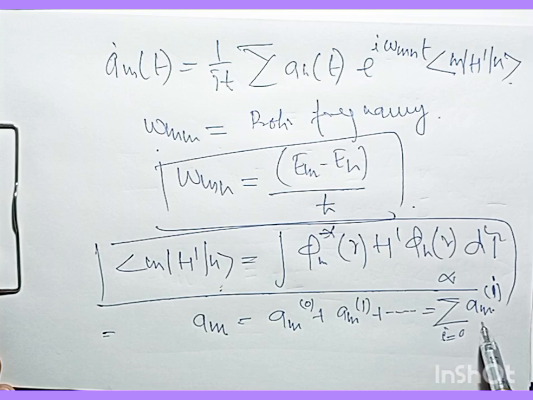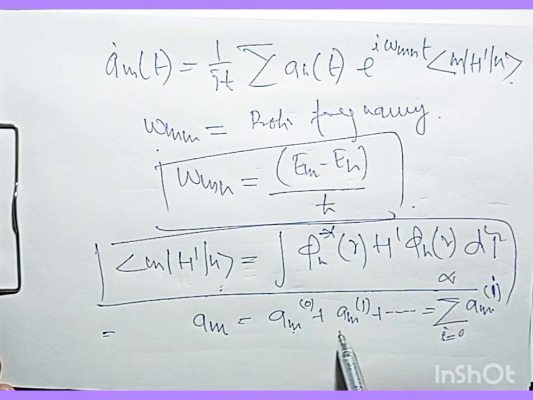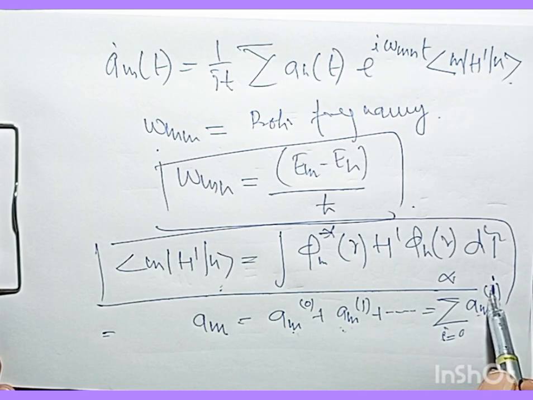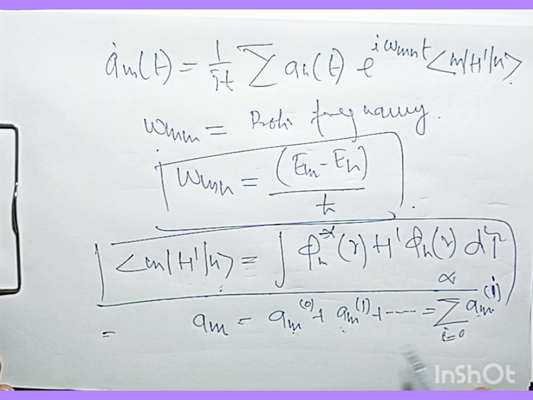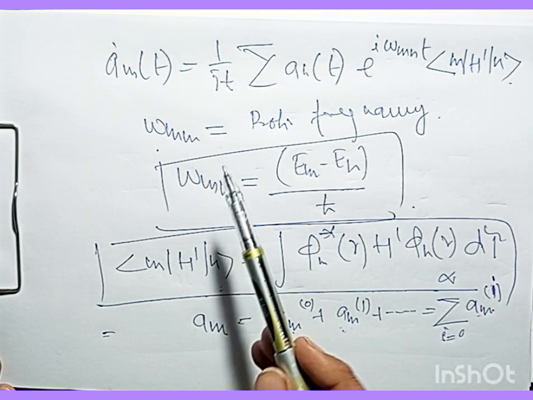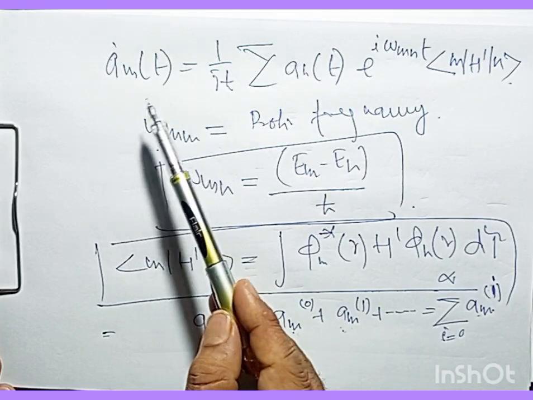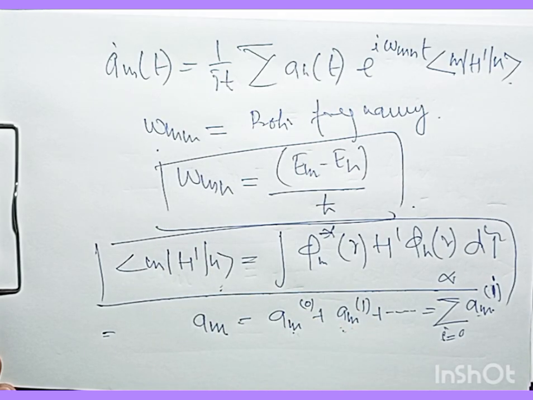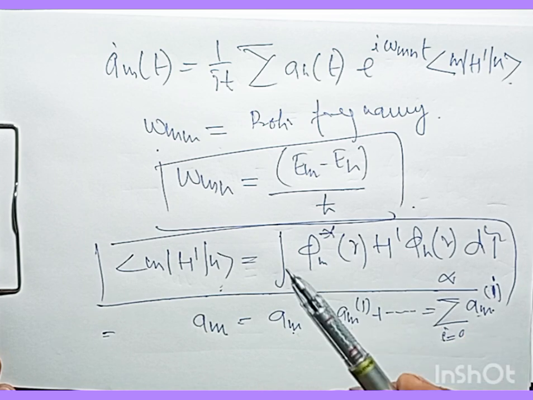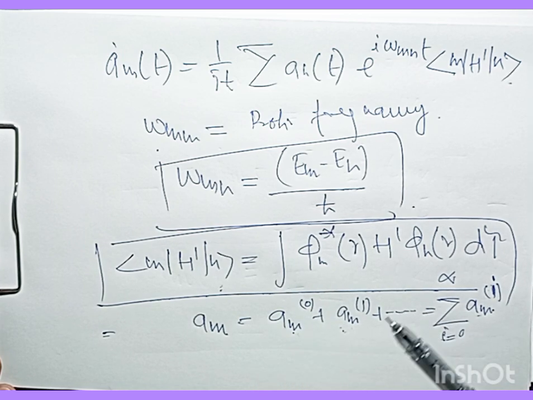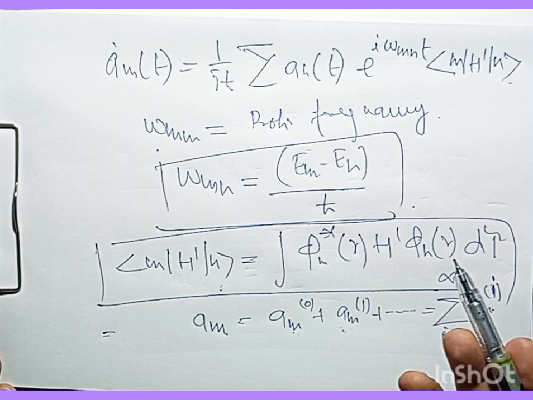Thus, if I talk about a m 0, this is the zeroth order term. And if I go with a m i, it is giving me the ith order correction. So we can see that this a m of t that we started with changes its value with time only because of time dependent perturbation.